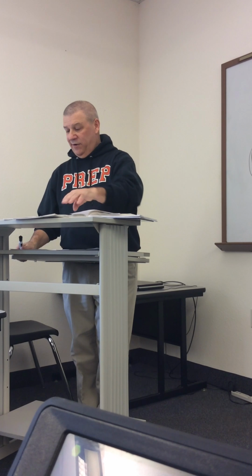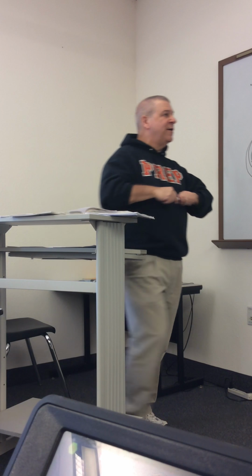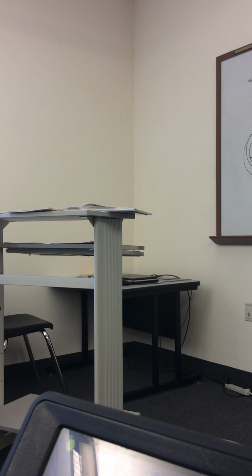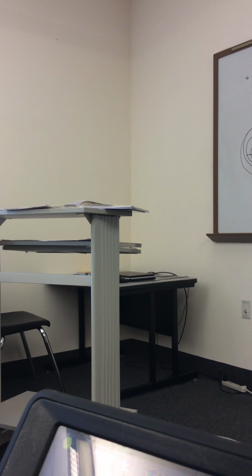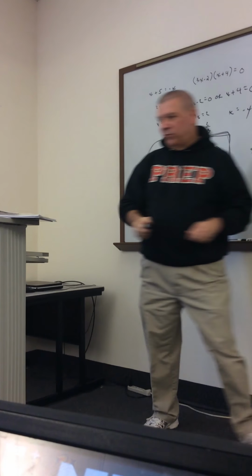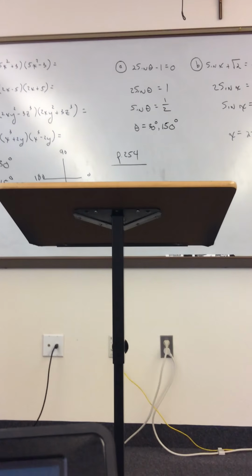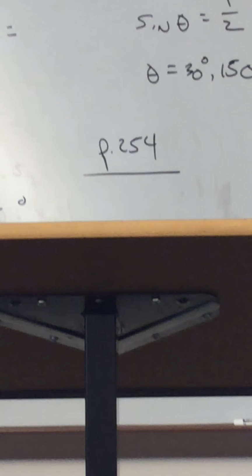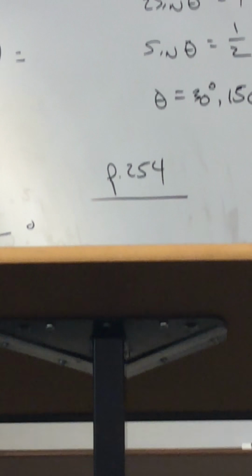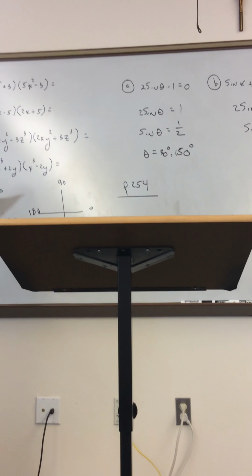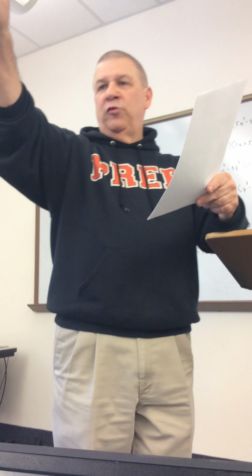Go to page 254. Take out a good sheet of paper. Go to page 254. Well, you know what? Here, just do this. There are two more you have to add.